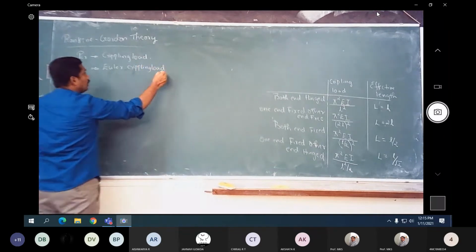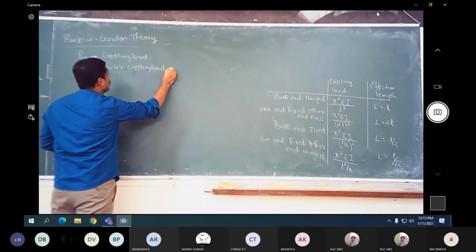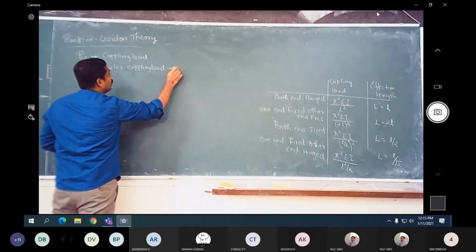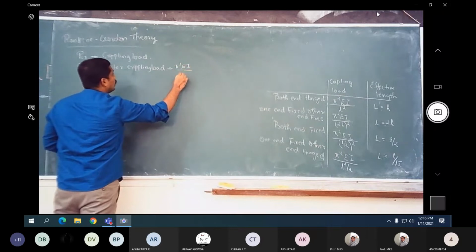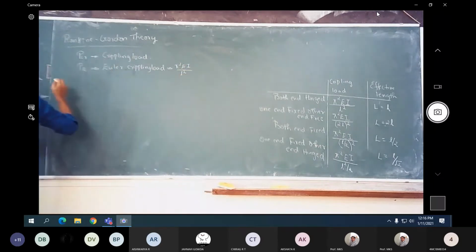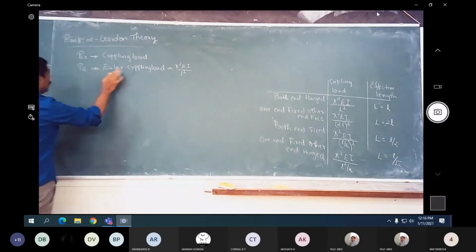So we know that PE is given by pi square EI by L square, right? It is PE or PCR with respect to Euler load.